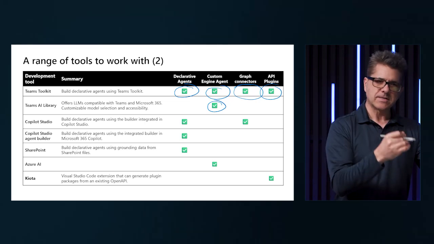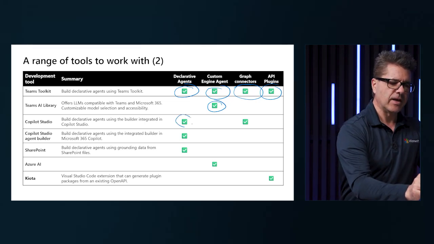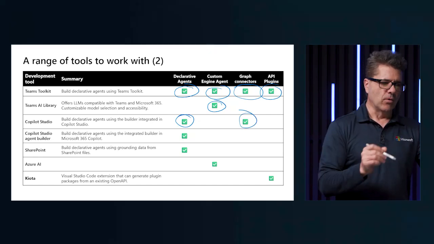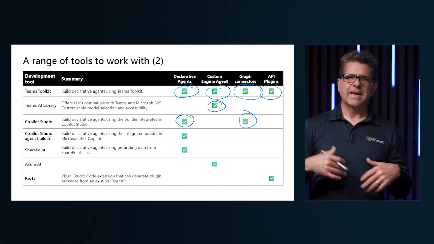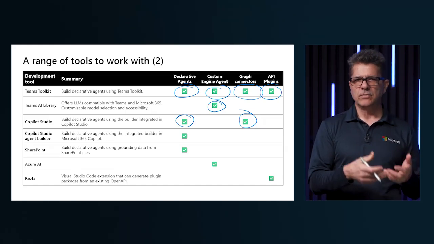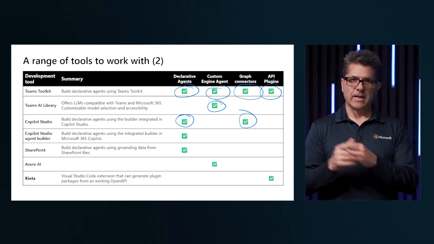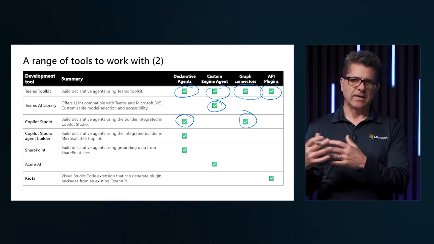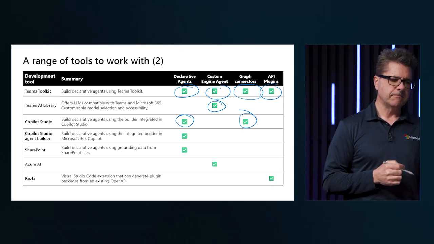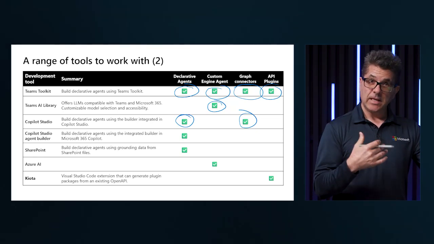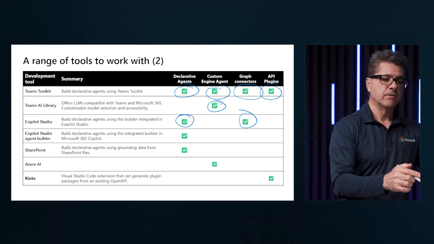Copilot Studio, awesome. I can use this in declarative agents, and I can use in graph connectors. So with the Copilot Studio, I can now go in SharePoint and create an agent, and then I can customize that in Studio. I can also go in to my Teams, create an agent, and I can customize that. Our Copilot Studio Agent Builder, this is easy, low code, easy to configure.